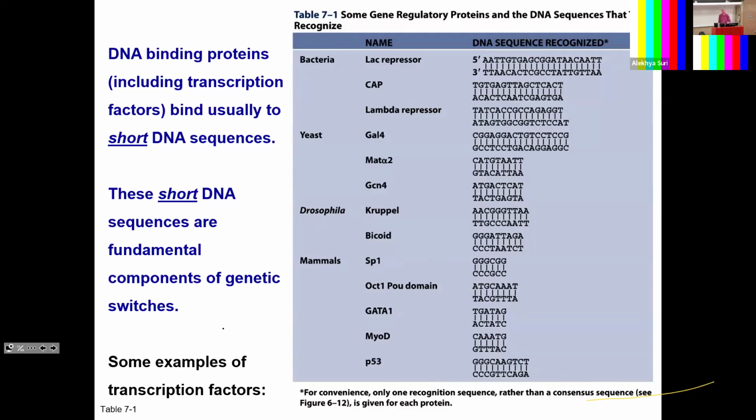Important is to know these transcription factors bind to short sequences, like you see here, 10, 20 nucleotides long, not a couple hundred kilobase. Okay, so short DNA sequences are recognized by the transcription factors.